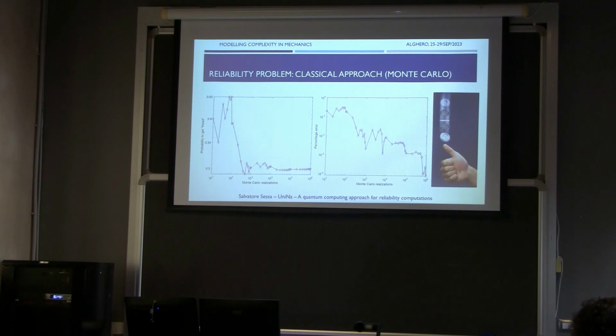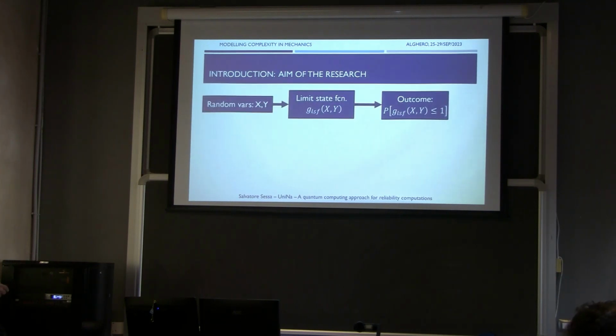And surprisingly, if we wish to get the exact value of the outcome, that is 50%, with an accuracy of 10 to the power minus 3, we need 10 to the power 4 simulations. So actually the computational burden can be very significant for many problems of structural mechanics.